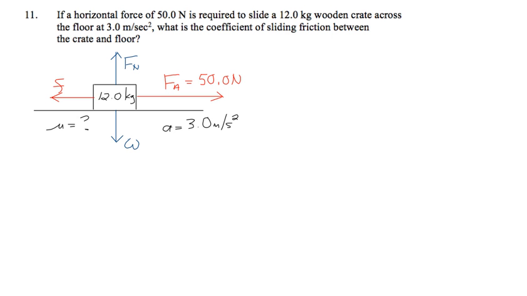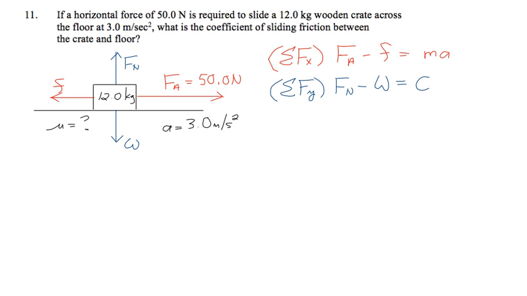All it means is things are just going to be solved in a little bit of a different order, but the picture looks just like the last problem, and the descriptive equations are going to look the same. So when I look at my descriptive equations, I have Fa minus friction equals Ma, and when I sum up the forces in the y direction, I have Fn minus W equals 0.